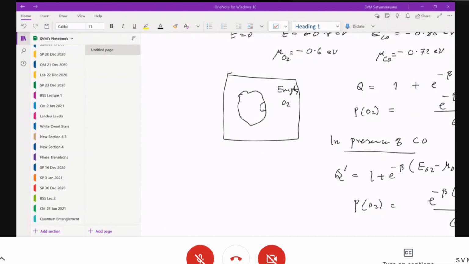So there are no cross terms. That's where I was confused, whether there would be cross terms or not. There are no cross terms. It is state centric: for empty, for oxygen occupation, for this one, and then you multiply. That will be the total grand partition function. Okay, sir. Thank you, sir.